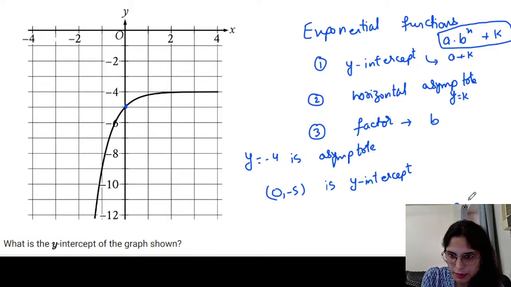If you have a times b to the power x, then the y-intercept is just the value of a. The horizontal asymptote, I am writing HA, is y equals 0, and the factor is still b.